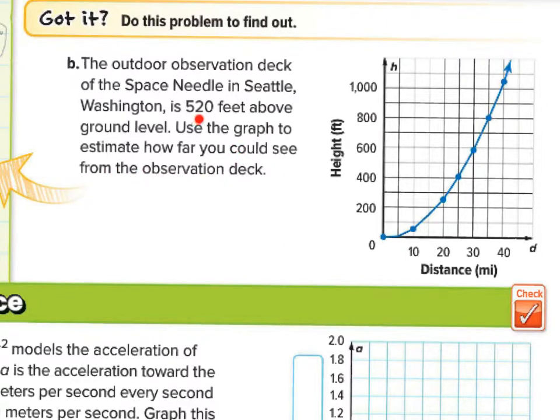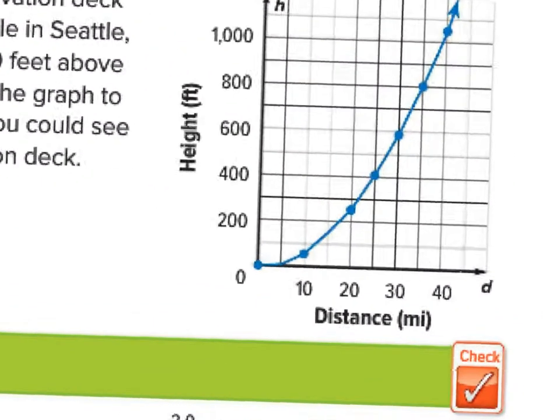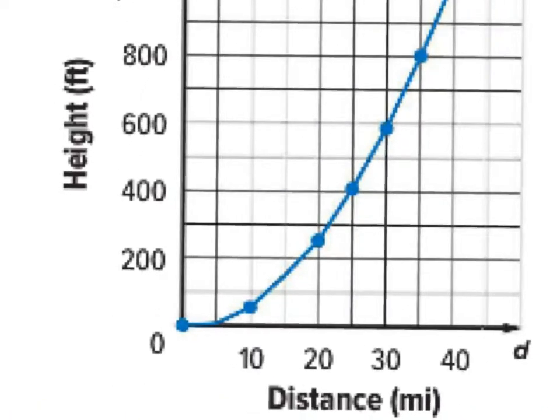So it's 520 feet above ground, so 500 is right here, and 20 would be about, I'm just going to zoom in. So it's at 520 feet. We go 400, each one is 100, 100, 200, 300, 400, 520. So 20 would be about 1/5 of the way up.